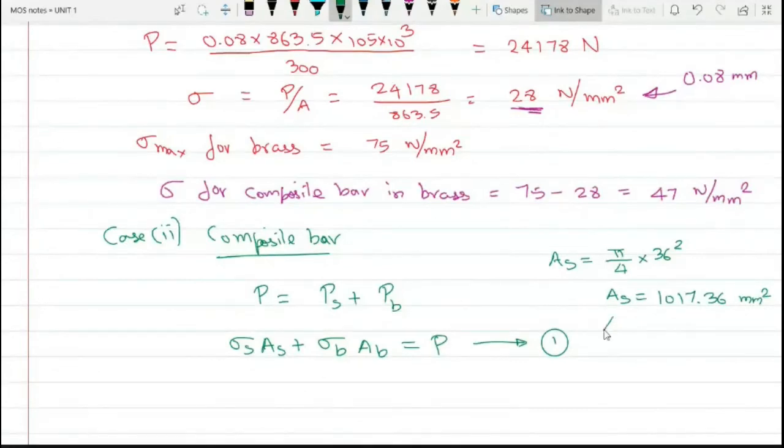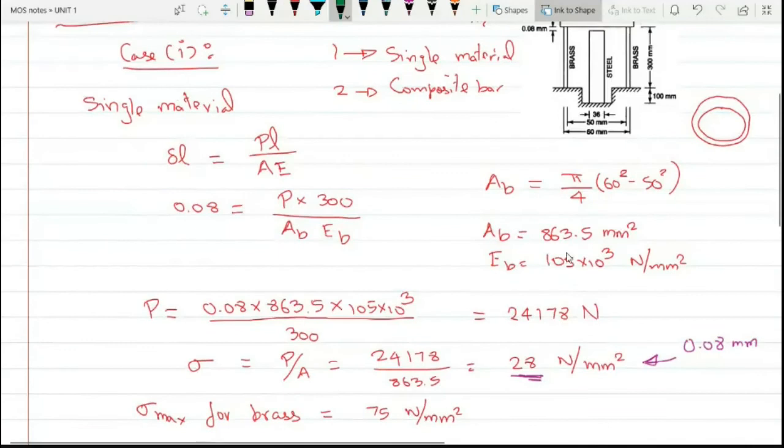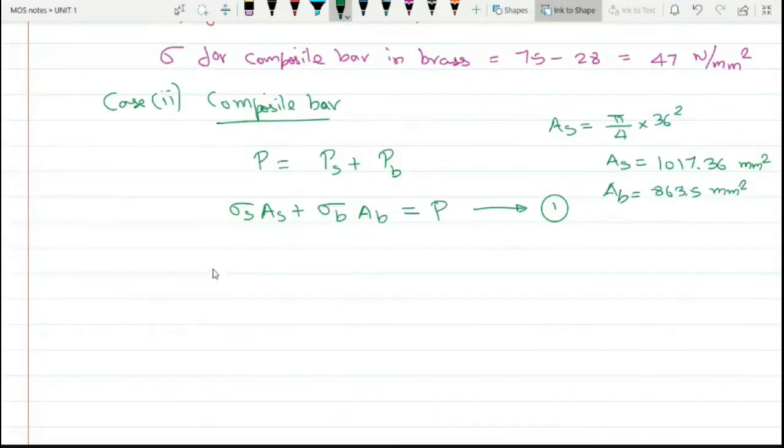Already we know what is AB, which is 863.5. So it is 1017.36 sigma S plus 863.5 sigma B is equal to P. I will call this equation one.